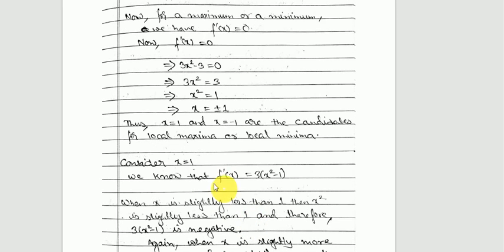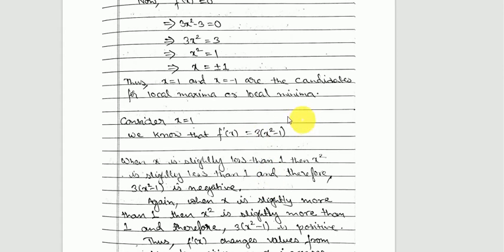If I take x slightly less than 1, it will be 0 point something, and when I take the square of 0 point something, that would be less than 1. Because x square will be less than 1, I'll get a negative value. So this derivative will become negative if I take x little less than 1.